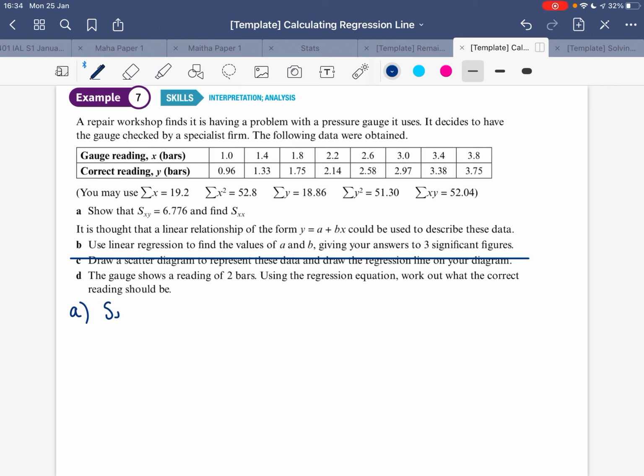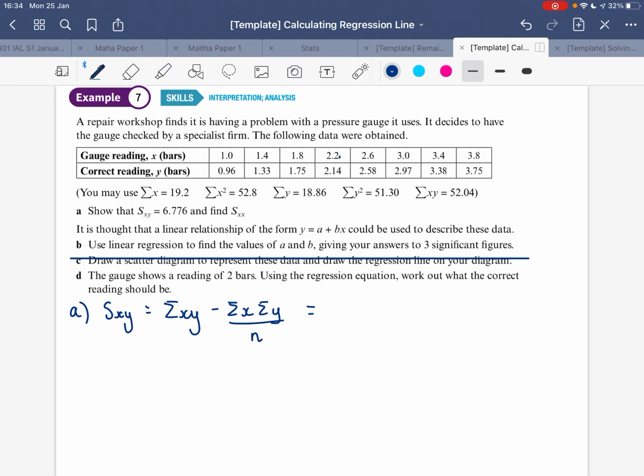SXY is equal to the sum of xy minus the sum of x times the sum of y over n. They have 1, 2, 3, 4, 5, 6, 7, 8 pieces of data, so n is going to be 8.